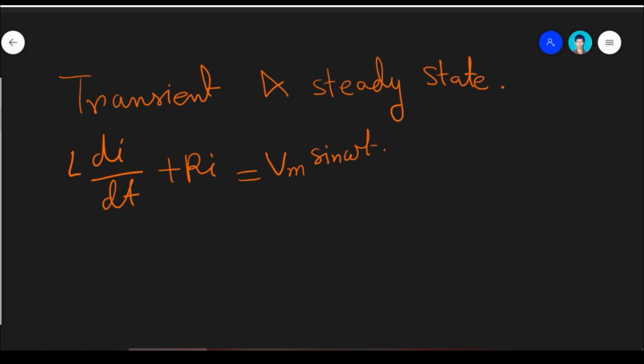Now with this Vm sin omega t, if you excite your system, I am not solving this differential equation, but what we can understand is that in our current expression there will be some initial transient and then there will be a steady state.